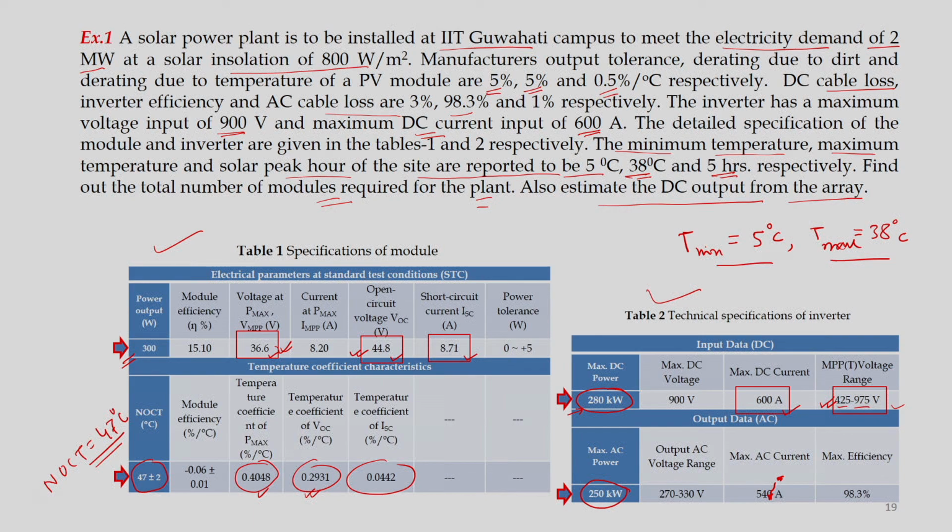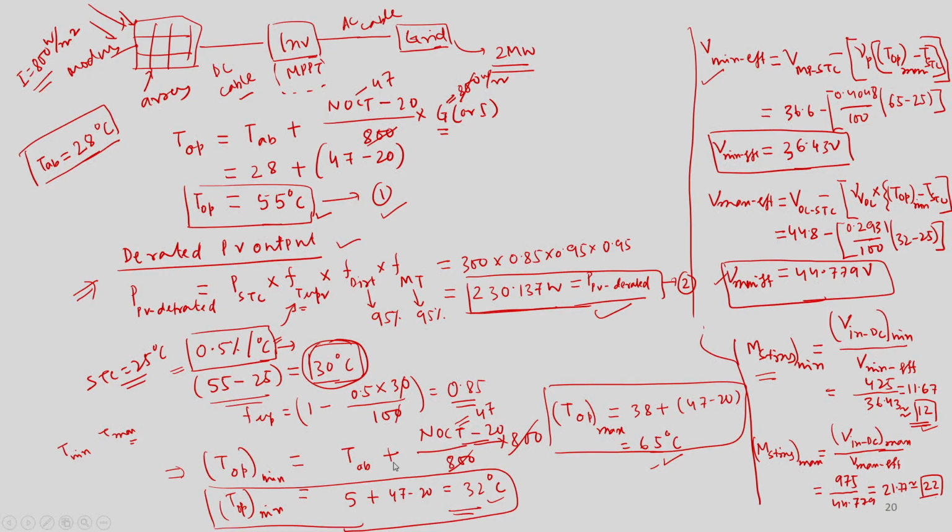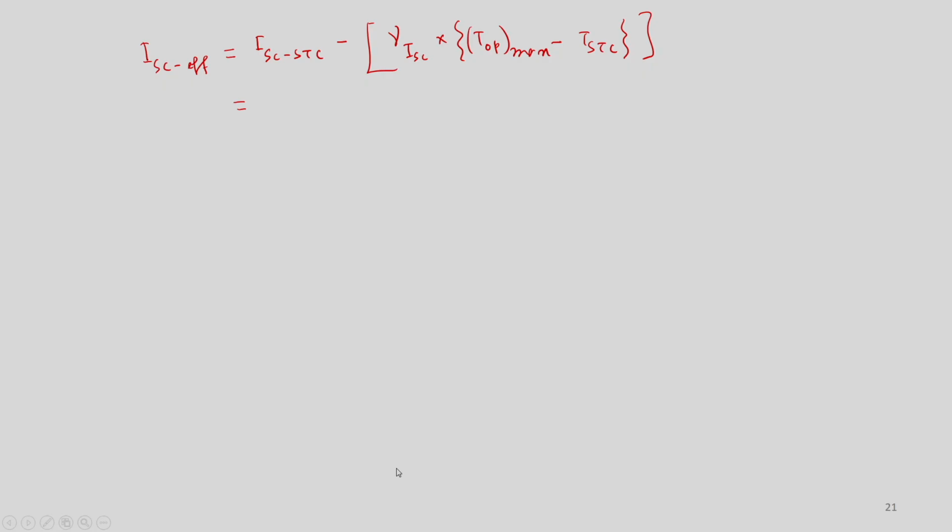We know the expression: ISC STC minus gamma ISC multiplied by T operating max minus T STC. The ISC STC value is 8.71, and the temperature coefficient is 0.0442% per degree C, both from the specification table.